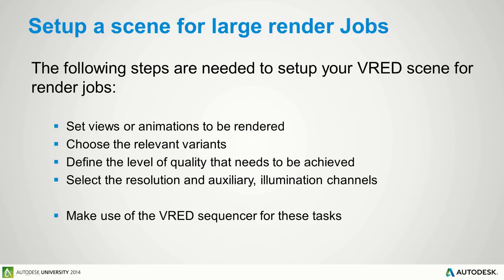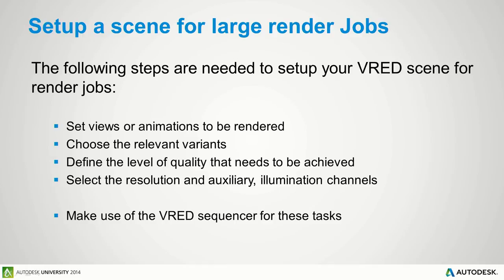If you set up Thread to render jobs, you of course need to set views, cameras for still images. You need to set animations if you want to render a movie. Then you choose the relevant variants if you want it high class or which colors and those things.